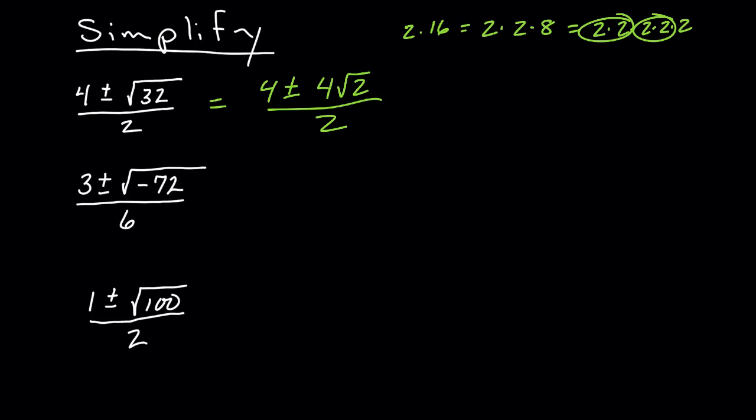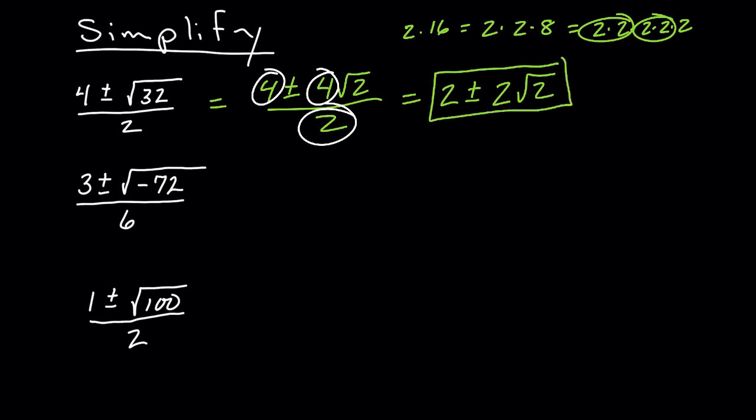Well, this number and this number are all divisible by 2, so that would give us 2 plus or minus 2 square root of 2 over 1, which we don't really need. And so this ends up being your simplified answer.